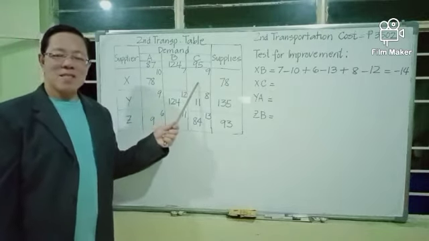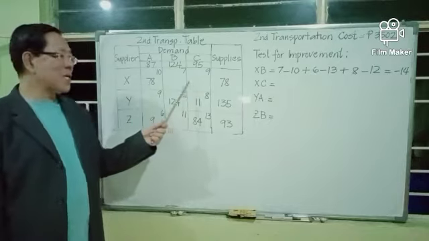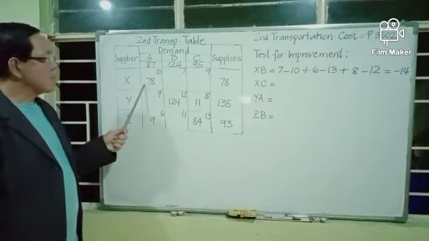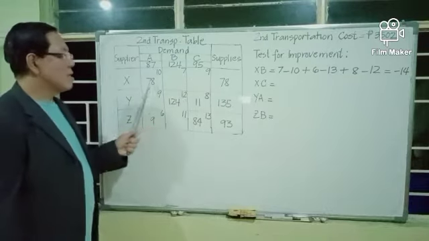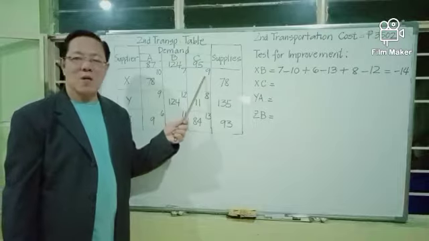Thus, from this vacant cell XC, we move straight to 78. And the cost associated with this horizontal movement is the positive of this cell cost 9.